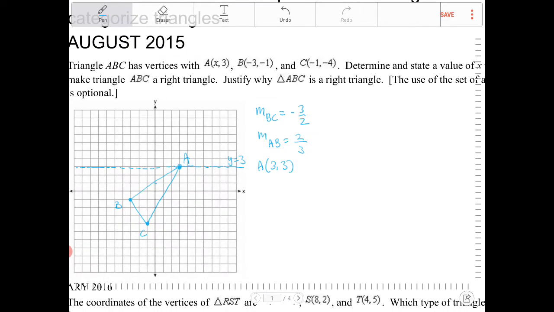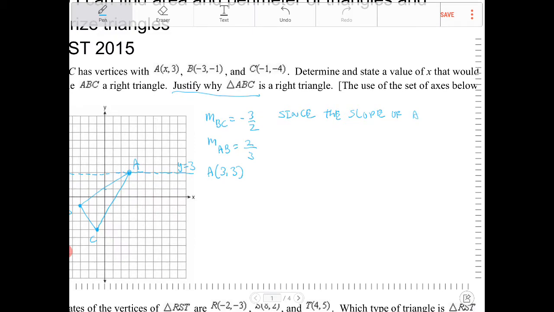To justify why triangle ABC is a right triangle, we can say, since the slope of AB is the negative reciprocal of BC, at point B there will be a right angle.